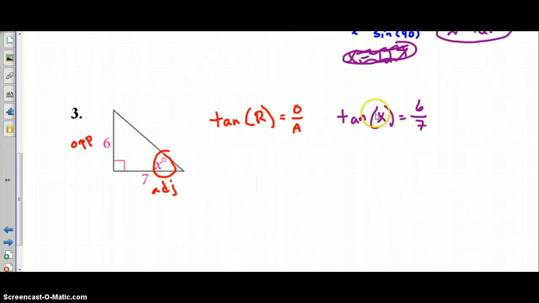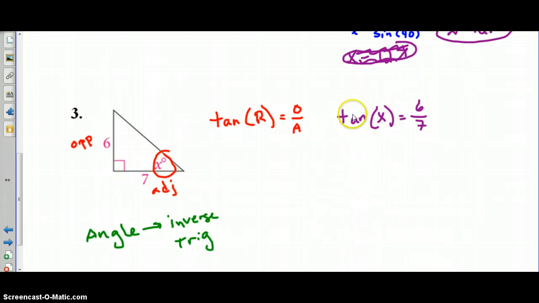So now that we have our equation set up, we're solving for the variable, in this case the angle measure. Anytime we are solving for an angle, we have to use what's called the inverse trig function.